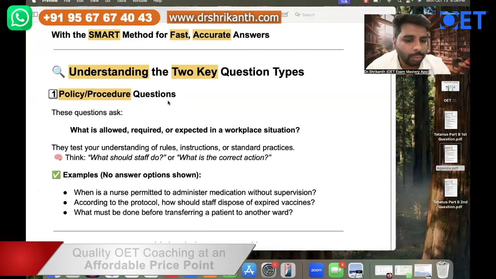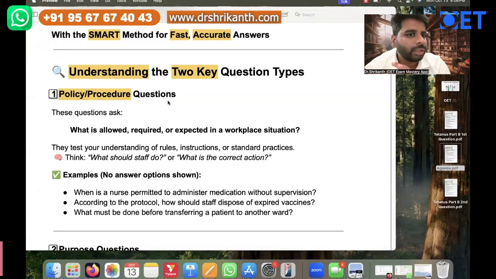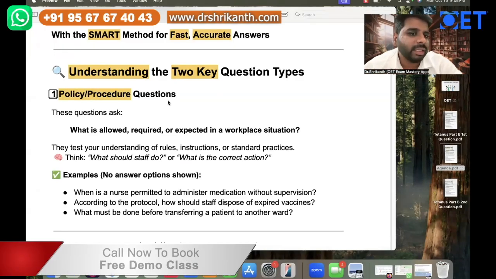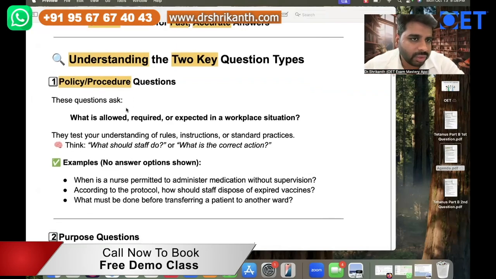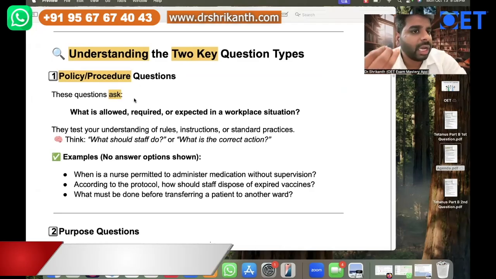You'll be getting procedure guidelines. So when you're working there as a registered nurse, you need to be able to understand these types of documents. So the OET is assessing whether you are a strong candidate who can understand these types of questions, right? The first type of question is policy or procedure type questions. Now, what are these questions asking? What do policy or procedure type questions ask you?